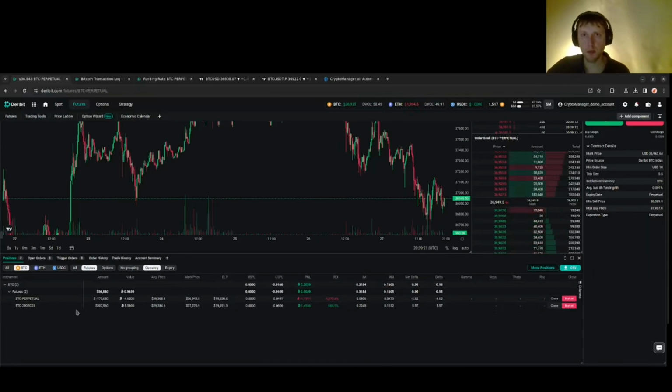So we currently have a position longing about 5.5 Bitcoin and shorting about 4.6 Bitcoin. Our crypto manager bot is keeping along for this, and this is a different strategy to earn in a market neutral way.